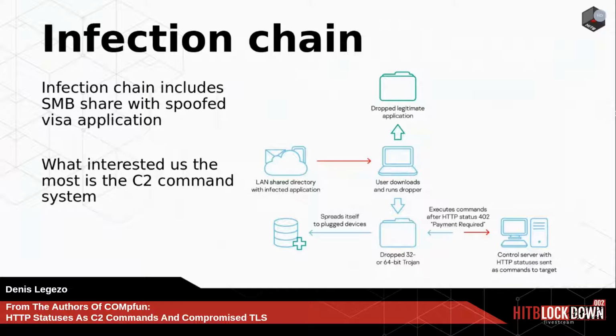And this time, the infection scheme also seems interesting to me, but it's not the most interesting in this case. After the Trojan takes control, the communication process with the control servers is based upon rare HTTP statuses. So what does it mean?